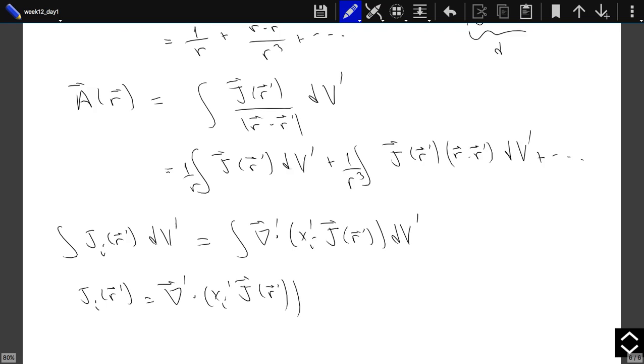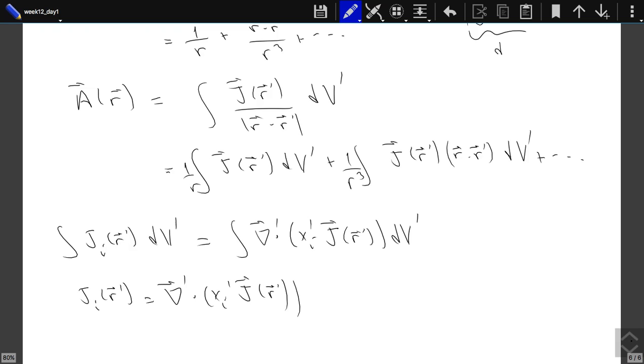So I'm here. I made my multipole expansion. Now I'm looking at this term over here. I'm looking at this as a vector. I'm multiplying a vector with a number, summing over all my points in my region. I look at the i component. Well, the i component of that vector is the integral of j_i. But j_i I can write as the divergence of some vector field.